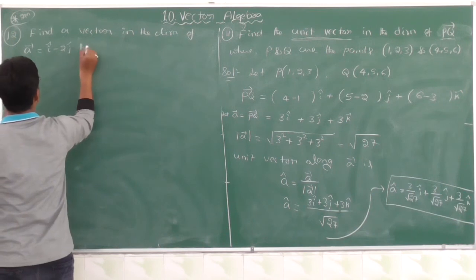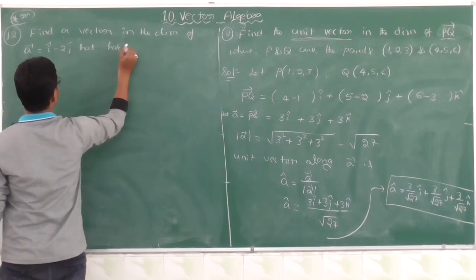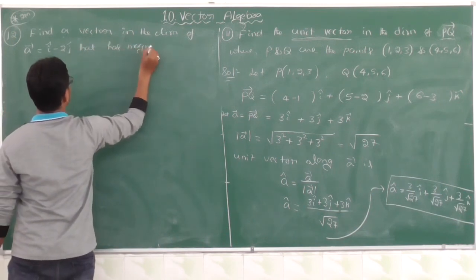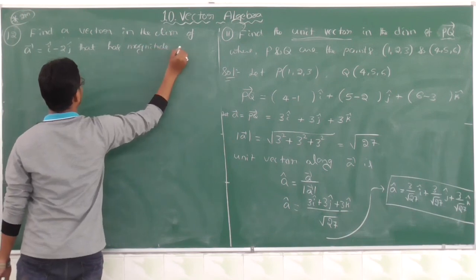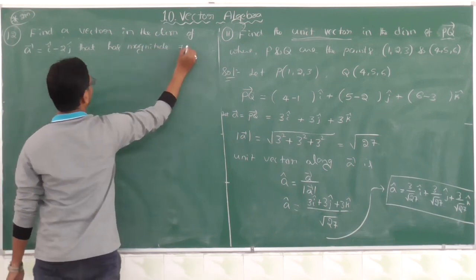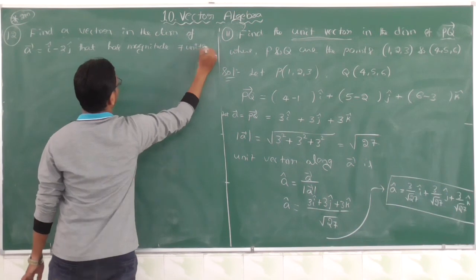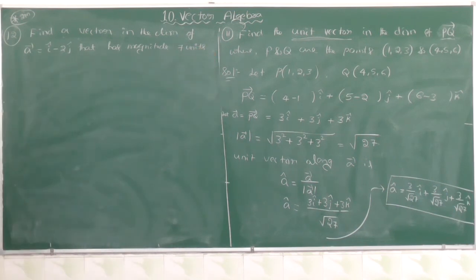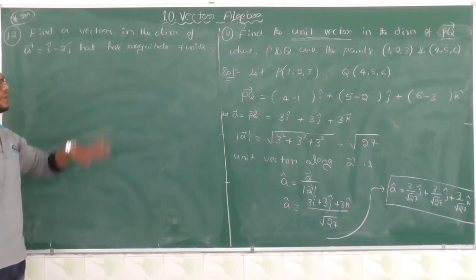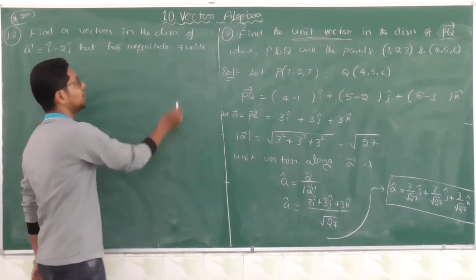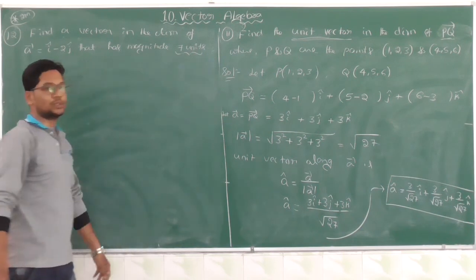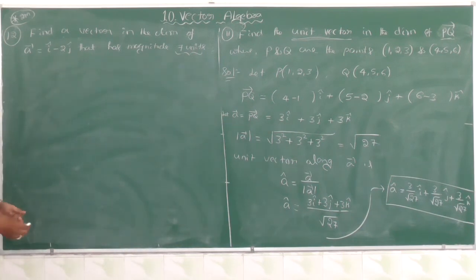It is also very simple. Find a vector in the direction of A vector that has magnitude 7 units. This I will explain in the last one. First, find out the unit vector for this.